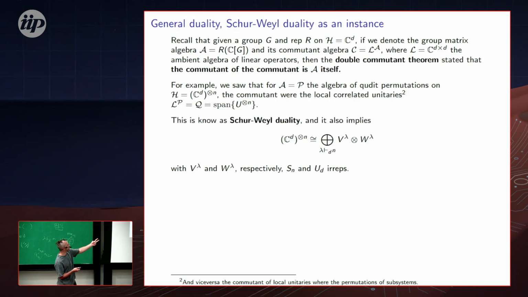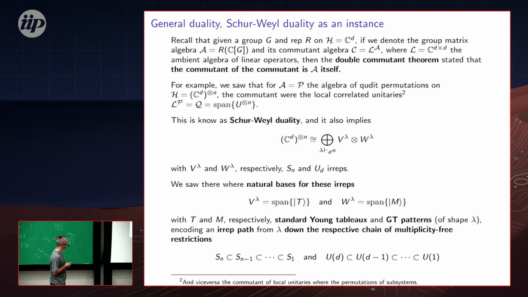And the irreps of the unitary group we call W_lambda. As I said, there are special, canonical bases related to paths in the restriction of the irrep down a chain of multiplicity-free restrictions for these subgroup chains, S_{n-1} or U_{d-1} and so on.